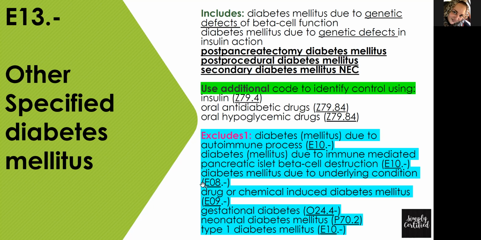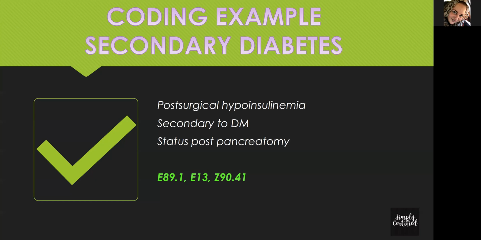So of course, we're going to code the control with the drugs, and we're not going to code it with any other diabetes category. Here's a coding example. This was actually from the guidelines. The patient with post-surgical hypoinsulinemia, secondary to diabetes mellitus, right? And they are status post-pancreatectomy. The diabetes is from having their pancreas cut out, right?